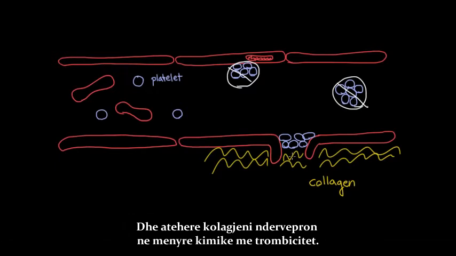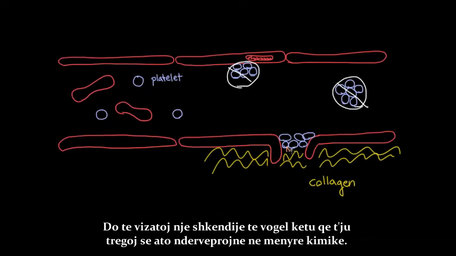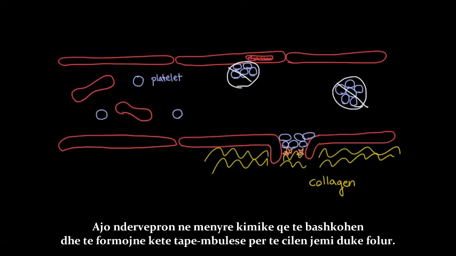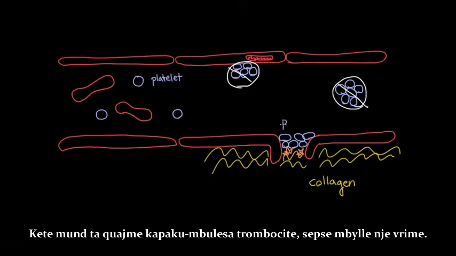And it turns out that collagen chemically interacts with the platelets, and maybe we'll draw a little spark there to show that they're chemically interacting. It chemically interacts with them and causes them to stick together and form this plug that we're talking about. So we can call this, by the way, a platelet plug, because it's plugging the hole.